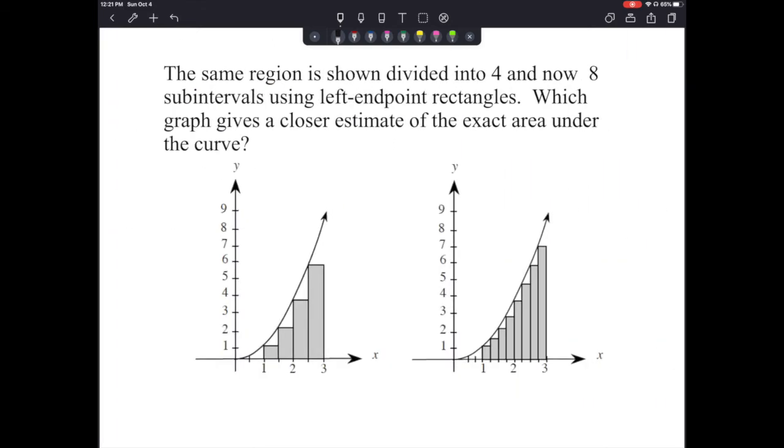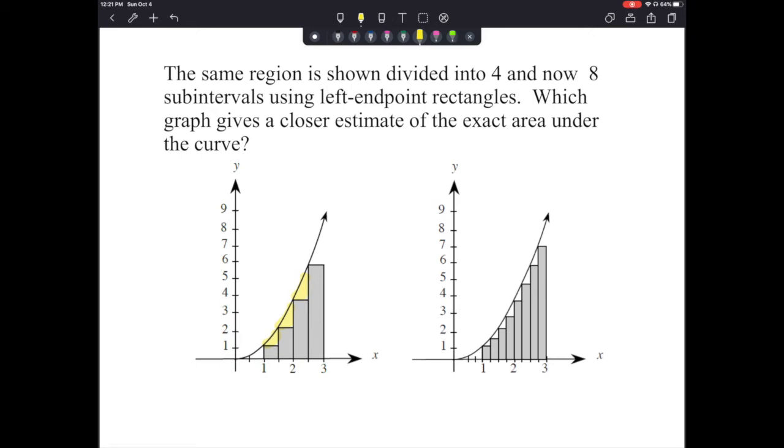Here you see the same region that we've been working with is now divided into 4 and 8 subintervals using left endpoint rectangles. It asks, which graph gives a closer estimate of the exact area under the curve? Well, when we have 4 subintervals, you see there's a lot of space still open here.